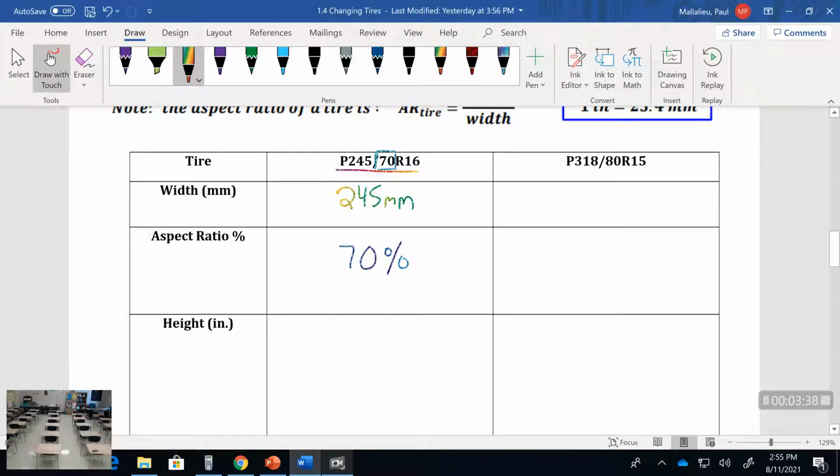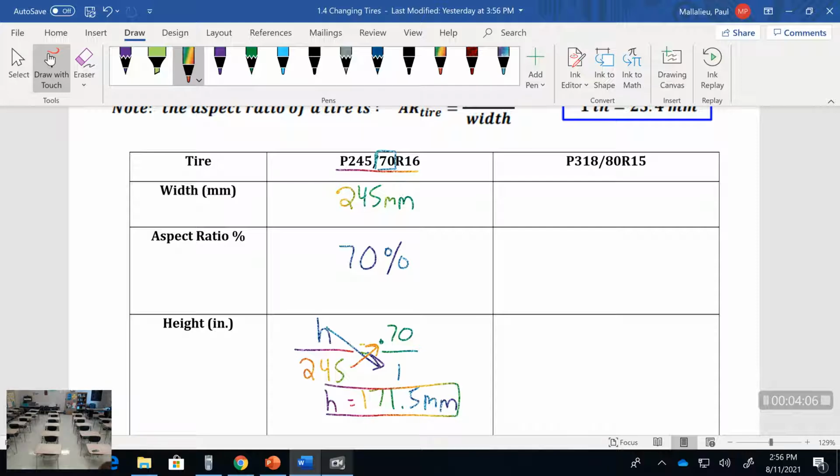So height over width, which was 245, equals our percentage, and you could say percentage over 1 to make it easier. We cross multiply, so H equals 245 times 0.70, which is 171.5 millimeters. All right, so that is our height, but what is that really?